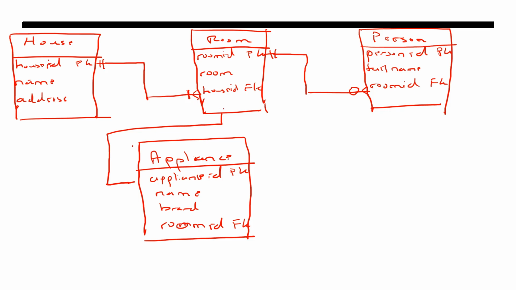So the thing here is we need to ask ourselves again, what is the minimum number of appliances and the maximum number of appliances that a room can have? Obviously the minimum number of appliances that a room can have is 0, and the maximum is, of course, many.